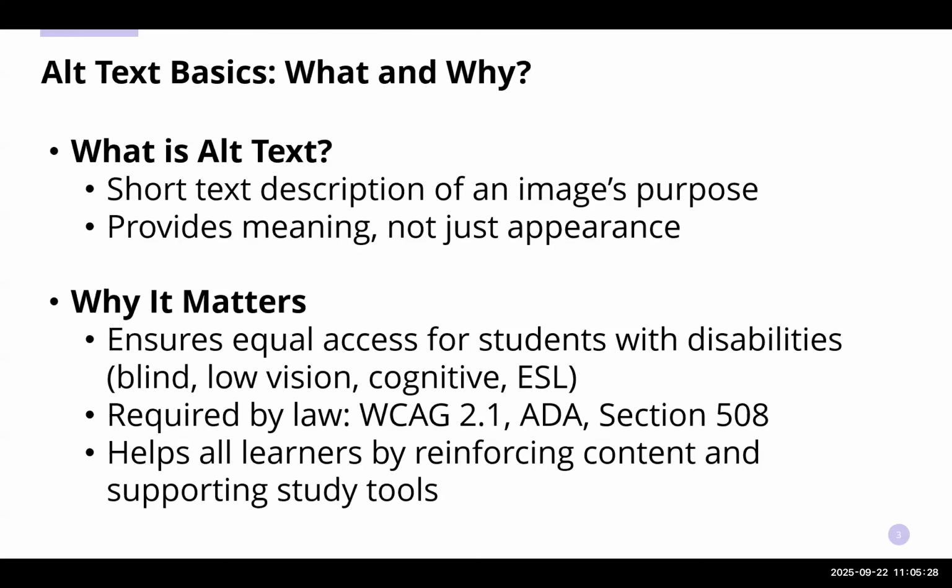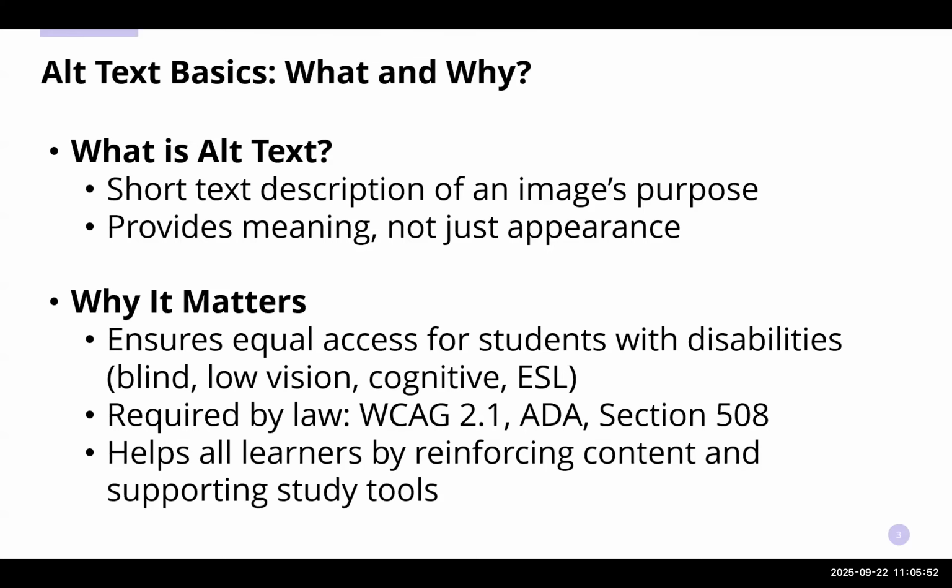This is especially important for people who cannot see the image. They could be using assistive technology, they could have a visual impairment, or they are using screen readers. So alt text helps make sure that they are getting the same information as everyone else. And that is really the core of it.